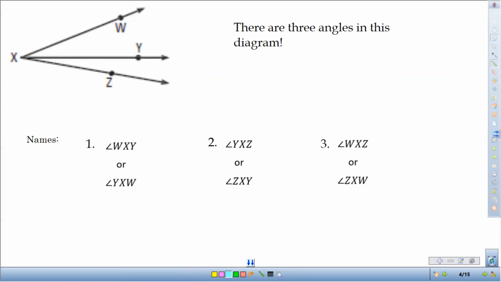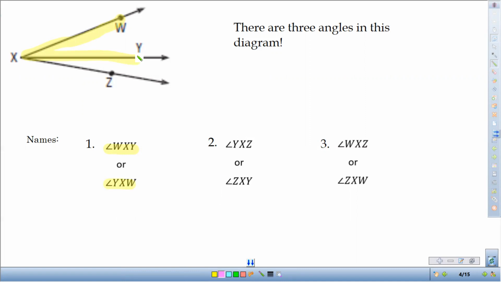But the three angles in this diagram, there's angle W, X, Y. So W, X, Y. All right, or you can go opposite Y, X, W. Then there's the angle below it.